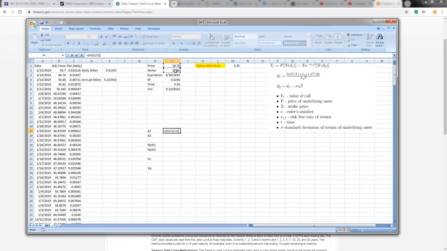Price divided by the strike, plus the risk-free plus the volatility to the power of 2 divided by 2, times time, divided by volatility times square root of time.